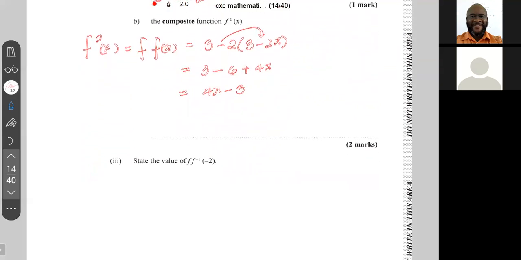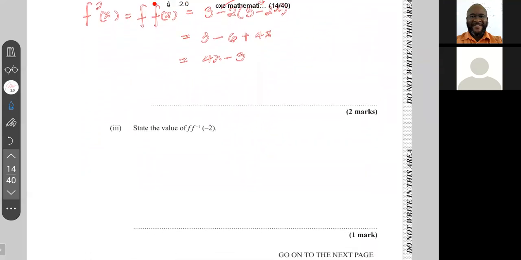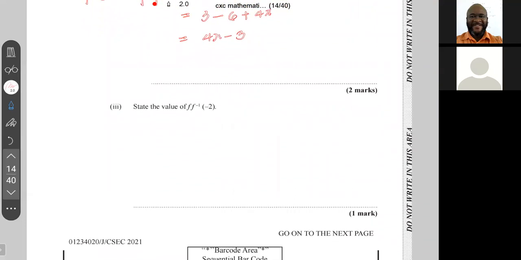Next, we're asked to state the value of f of f inverse of minus 2. All right, I think the answer here is minus 2. That f of f inverse of minus 2 is minus 2.